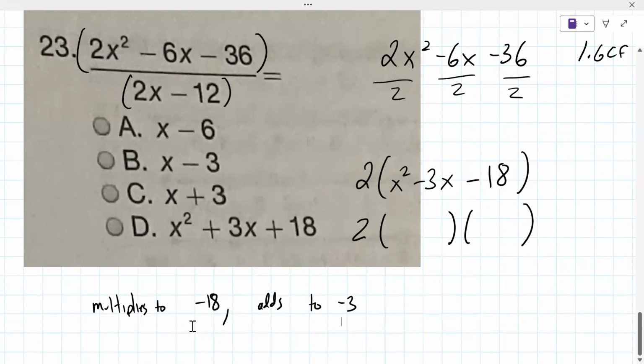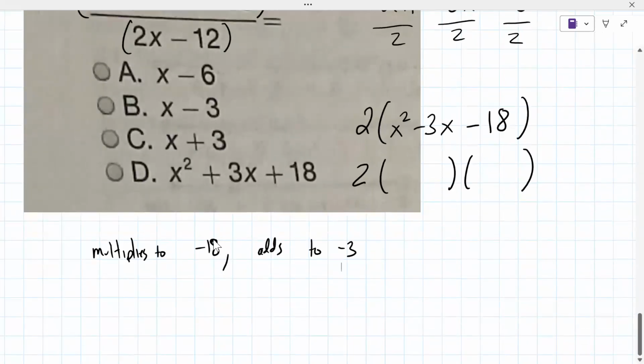So can you think of two numbers that multiply to minus 18? Or 18? I mean, 18 is fine as well. -9. And what else? Need two numbers that multiply to minus 18.